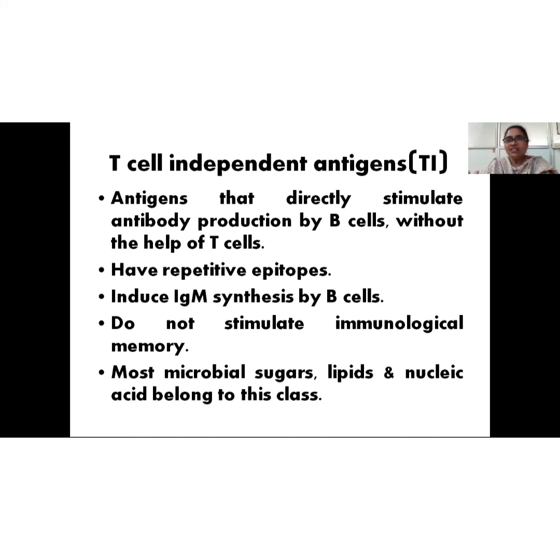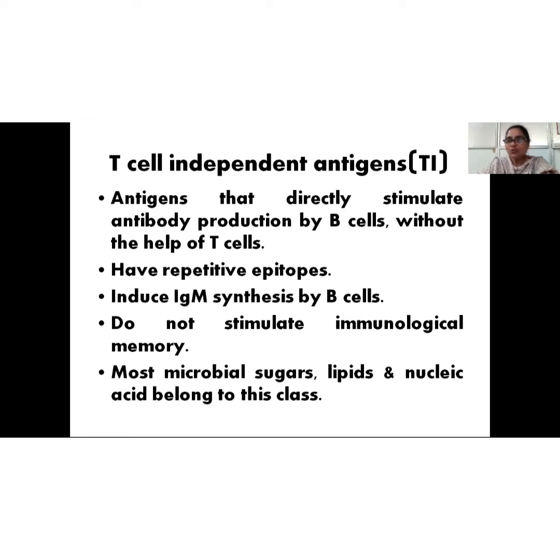And these T cell independent antigens do not stimulate immunological memory. While in the case of T cell dependent antigens, this point is not included in the slide, but remember, they will be carried as memory cells. So T cell dependent antigens stimulate immunological memory, while T cell independent antigens do not.